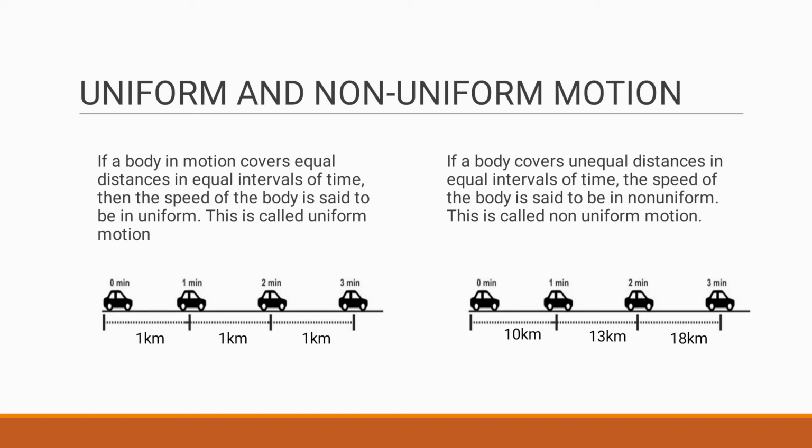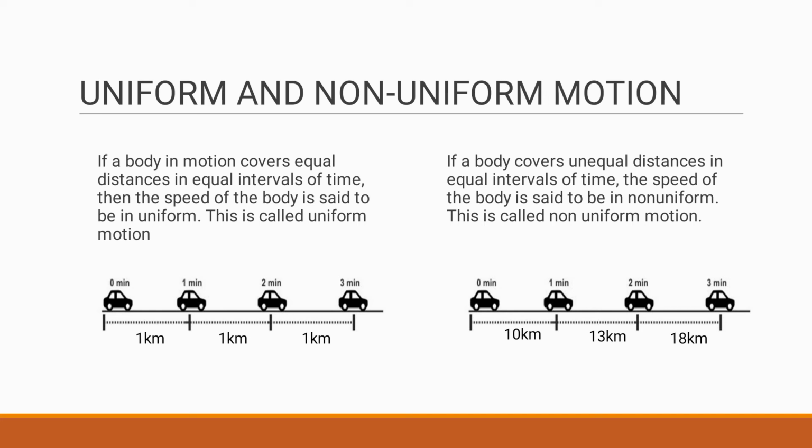Next one is non-uniform motion. Here if an object travels unequal, that is different distance in equal interval of time, we call it as the object moves in non-uniform motion. For this you can see the second image. Here the car covers different distance in equal time interval.